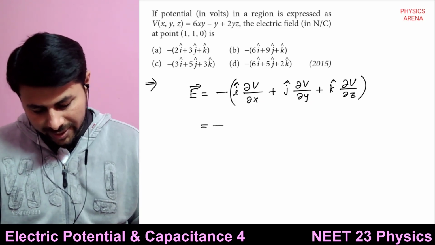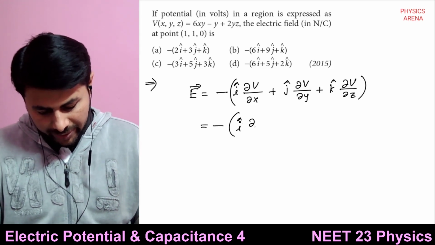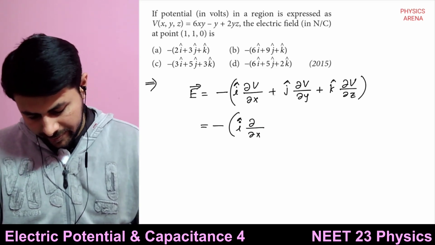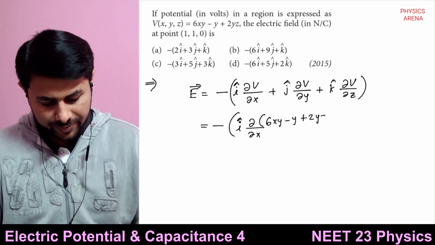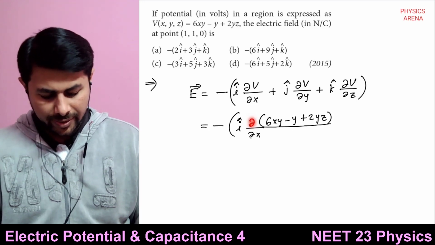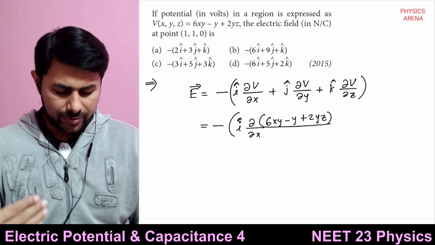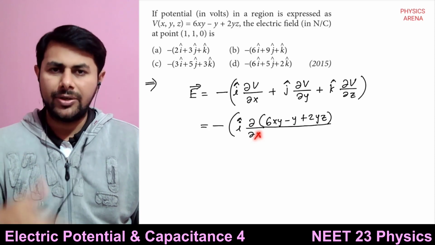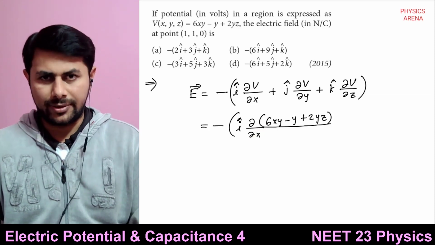So it is equal to minus of i cap multiplied by the derivative of V with respect to x. And what is V? V is 6xy minus y plus 2yz. While taking this partial derivative with respect to x, we treat the other two variables as constants.